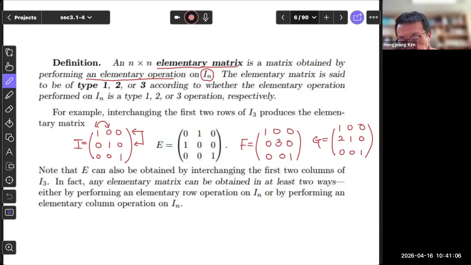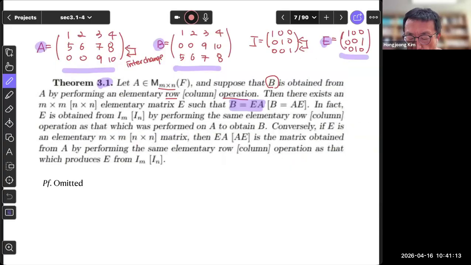Now, what is the usage of this elementary matrix? One of the usages of the elementary matrix is theorem 3.1.